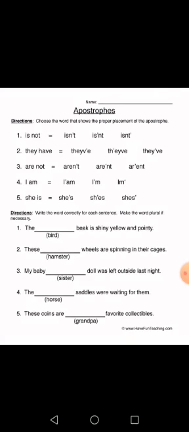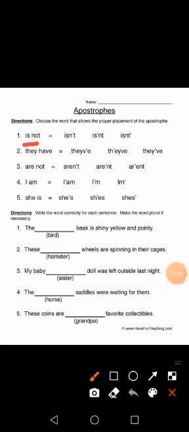Okay, student? Here we have another exercise. Choose the word that shows the proper placement of the apostrophe. Okay, we want to choose the word that shows the correct place for the apostrophe. So, is not. Here we have what? Is plus not, auxiliary plus not. It is which one? This one, right? It is not, isn't.